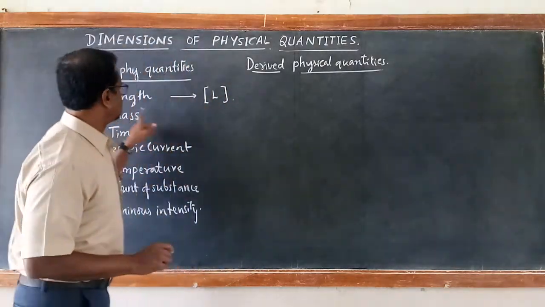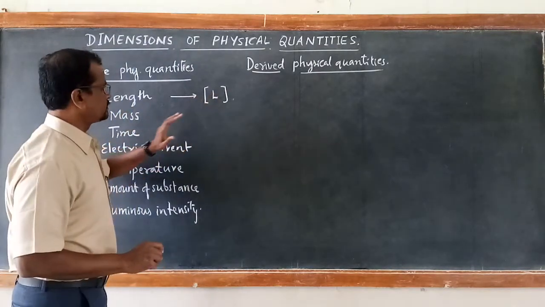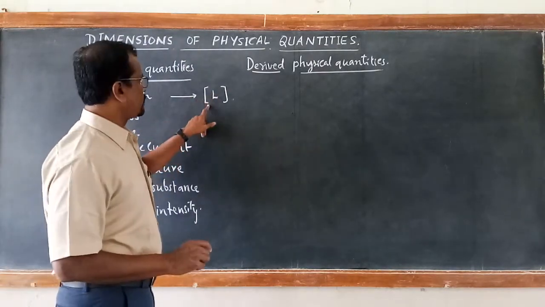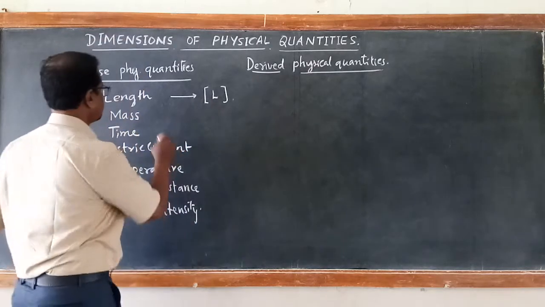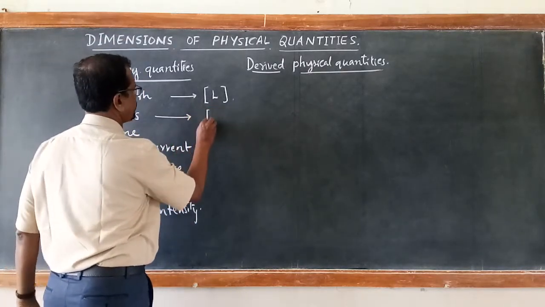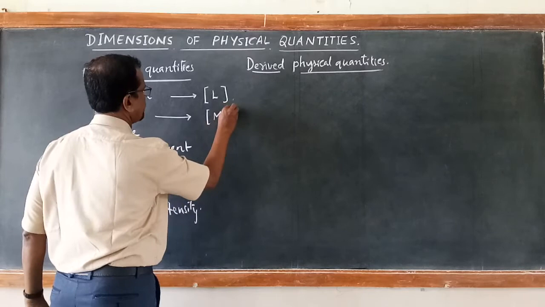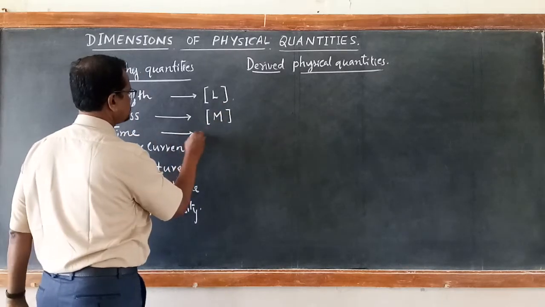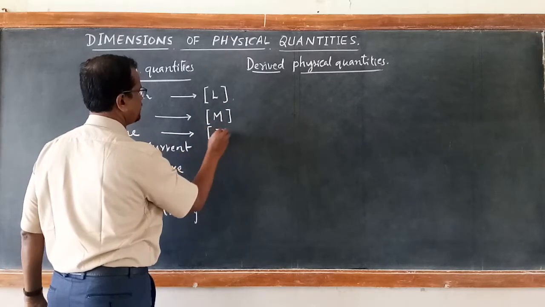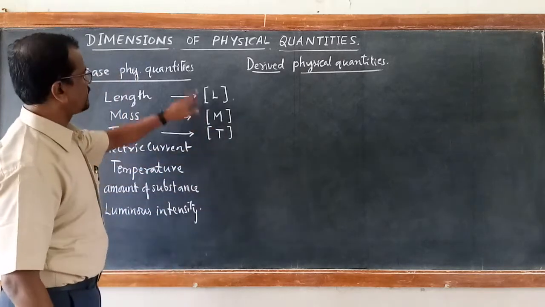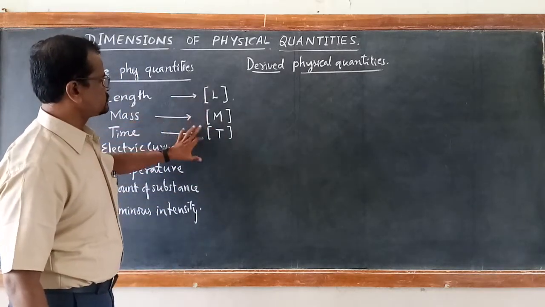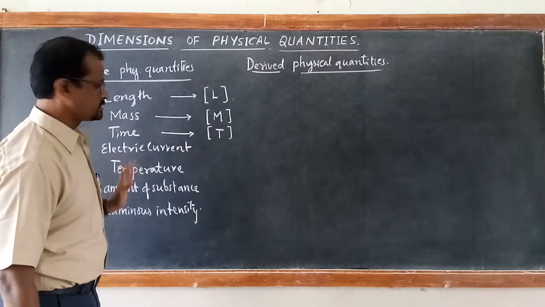So in general, it has a dimension of length that is denoted by square bracket capital L. Then mass, square bracket capital M. Time, square bracket capital T. So these are called dimensions. These are the dimensions of base quantities.